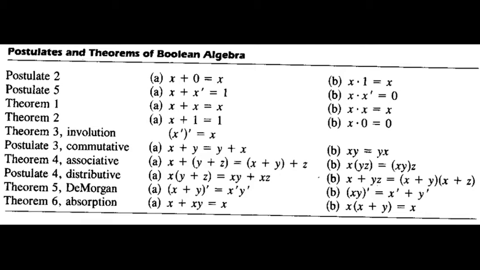Let me discuss this postulate 2b, that is x dot 1 is equal to x. In this case also you can start with the assumption x is equal to 0 and x is equal to 1. So if x is equal to 0, then 0 and 1 is equal to 0. So the equation is valid. In case x is equal to 1, 1 dot 1, 1 and 1 is equal to 1.